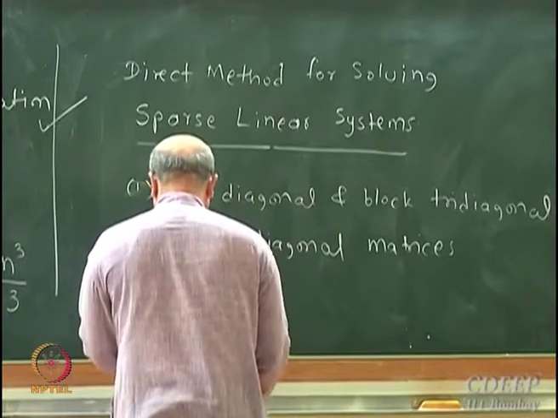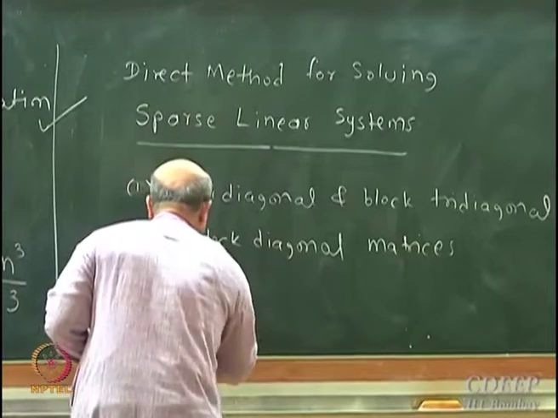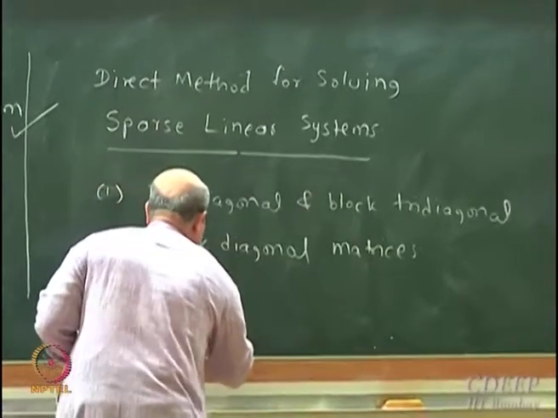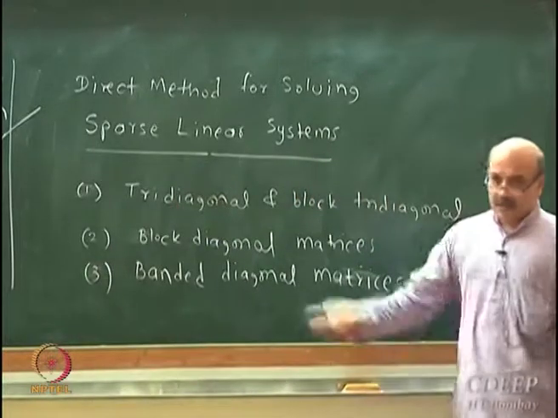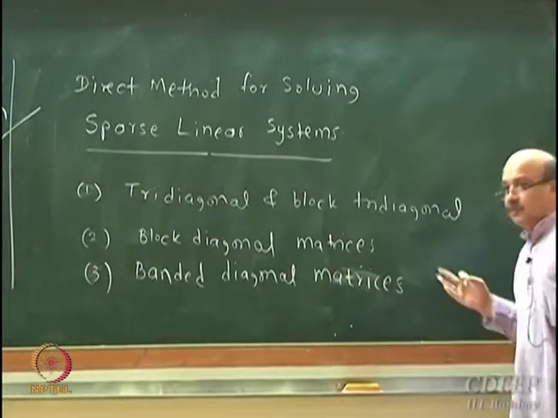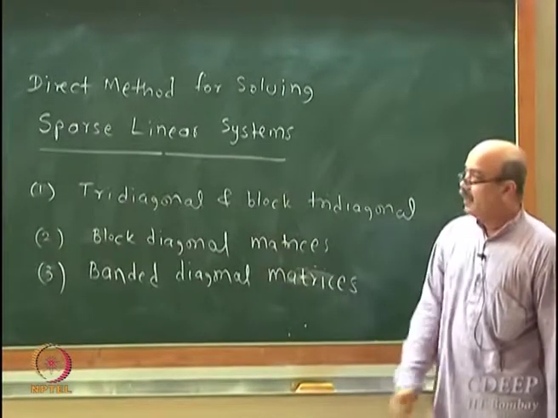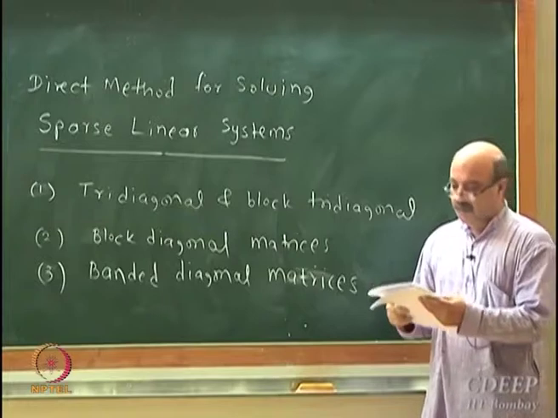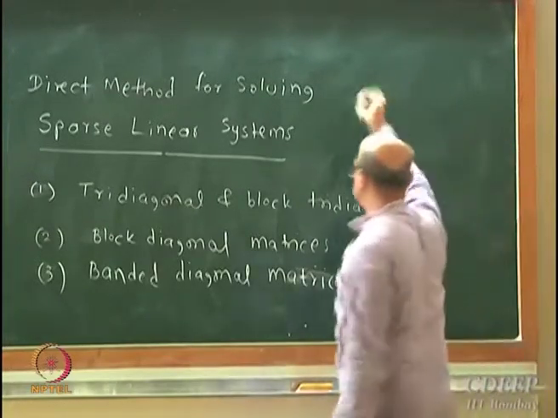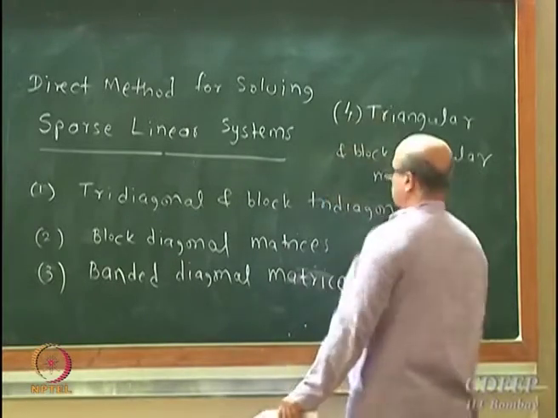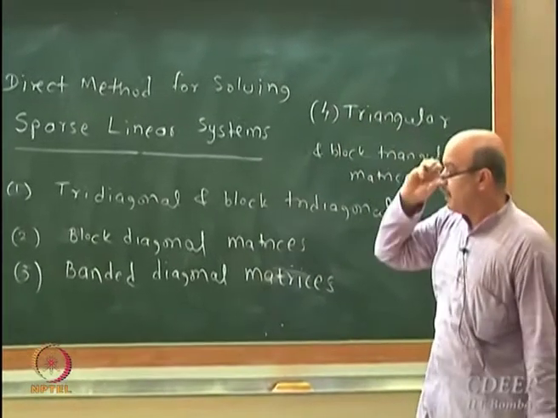In general one can talk about banded matrices, with only m diagonals. Okay, I'm not going to touch upon this. I'll talk about these two. Then I'll also mention triangular matrices, block triangular matrices. So these are some nice forms.